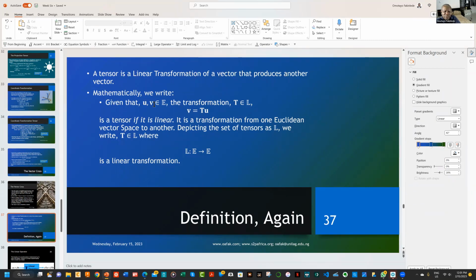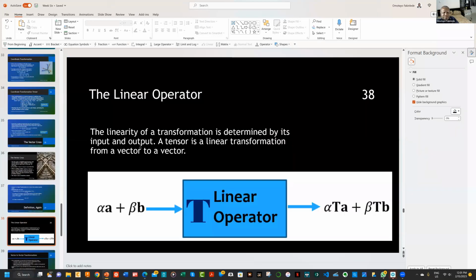Mathematically, given that u and v are vectors, the transformation v equals Tu is a tensor if it is linear. It's a transformation from one Euclidean vector space to another. Depicting the set of tensors as L, we write that T belongs to L, where L is something that transforms the Euclidean vector space back to itself. It must be a linear transformation.